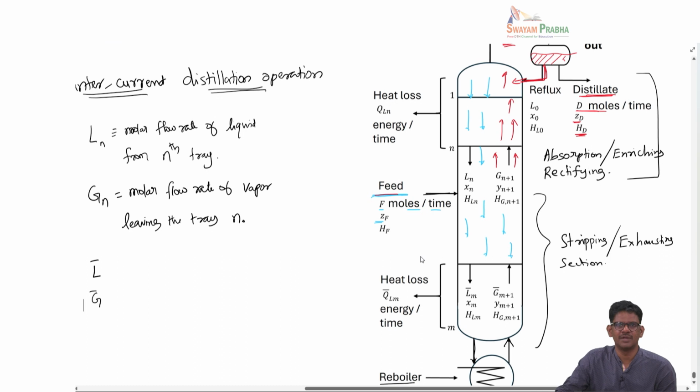So the tower diameter is to be obtained based on pressure drop calculations, whereas the number of theoretical stages will be obtained from mass transfer considerations. The approach is very similar to the absorption column. The only thing is, here it's going to be a little more involved because of the two parts of the column that I was talking about.